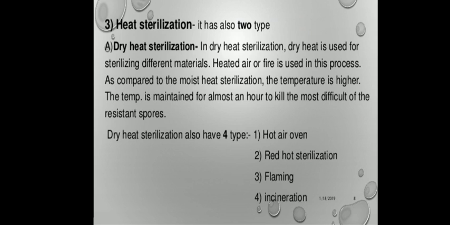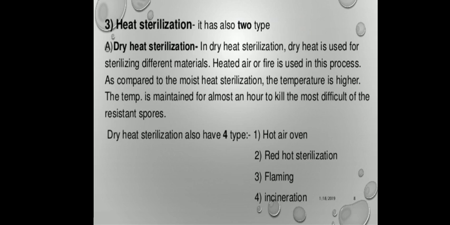In dry heat sterilization, dry heat is used for the sterilization of different materials, and these materials are heated in air or fire to kill or remove harmful microorganisms, and even the most resistant spores which were not killed in the drying method can be killed by dry heat sterilization. In this method we can use different types of equipment.